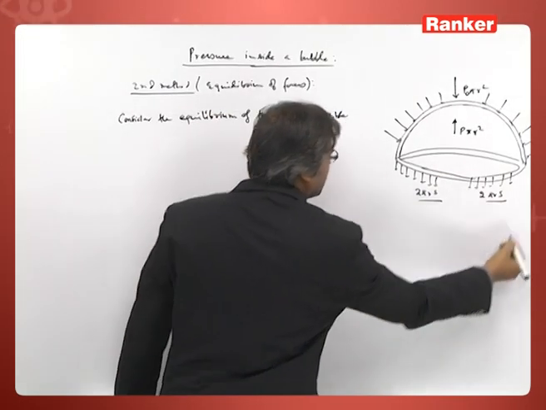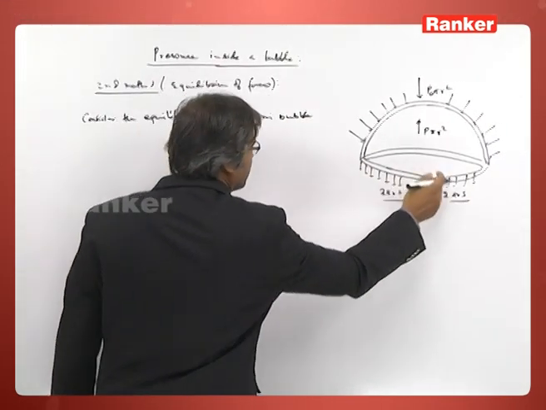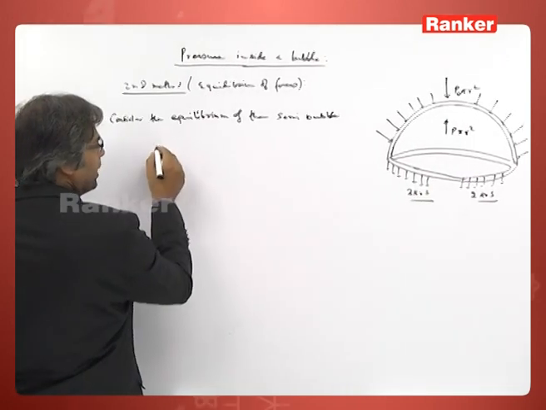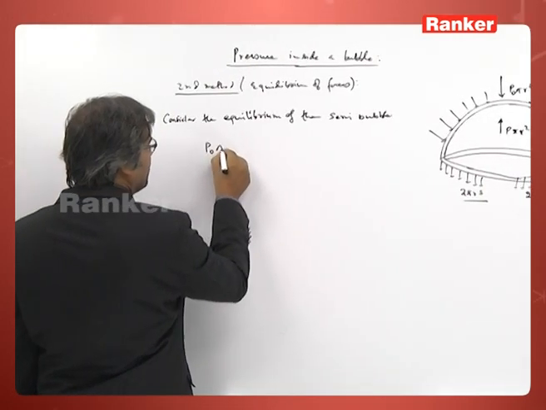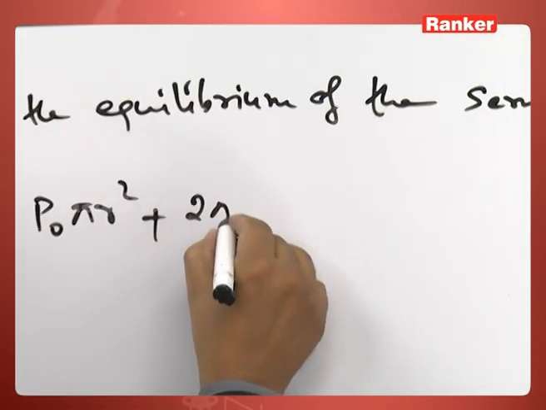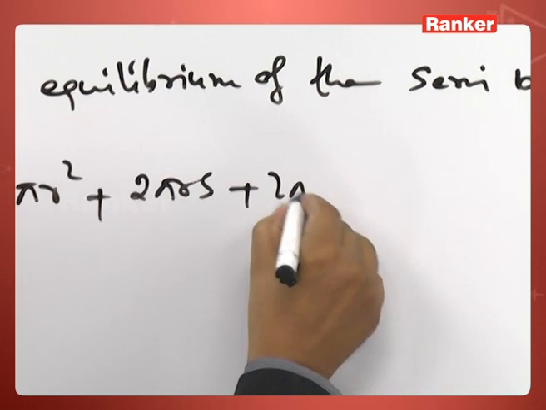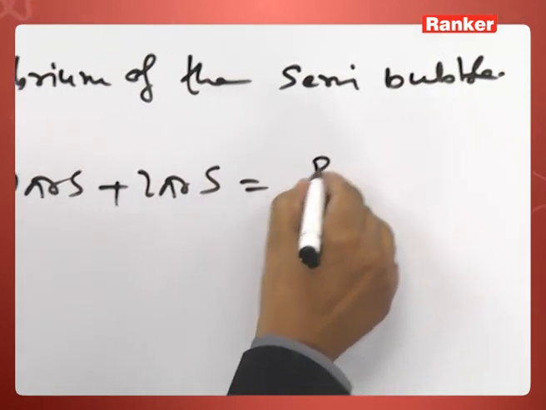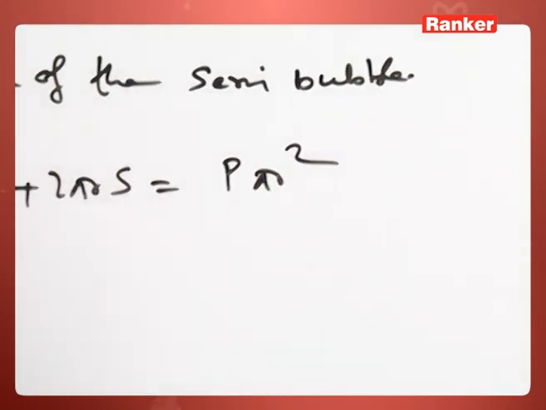The other part of the semi bubble is applying this force. So, total downward force we see P naught pi r square plus 2 pi r into S plus 2 pi r into S is equal to P pi r square.